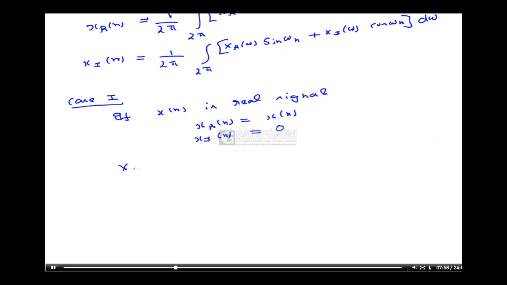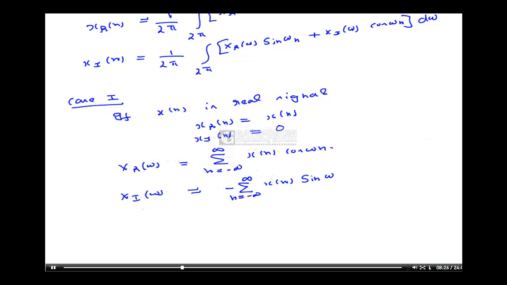Then I can write my X_r(omega) equal to the summation n tending to minus infinity to infinity of x[n] cos omega n. Okay. And X_i(omega) I can write as minus the summation n tending to minus infinity to infinity of x[n] sin omega n. Okay.